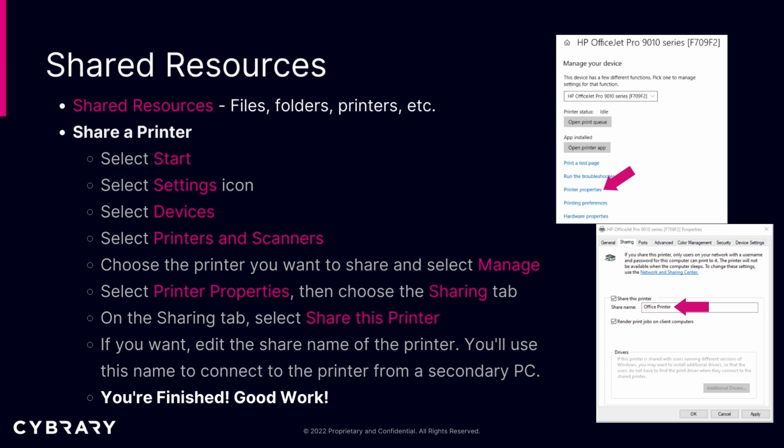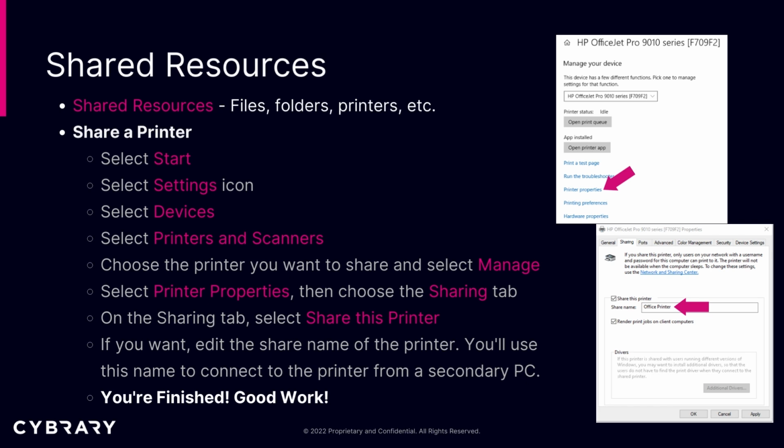So, in order to share a printer on our system, we would first connect the printer to our workstation. Then we would select Start, the Settings icon, select Devices, select Printers and Scanners, choose the printer that you want to share, select Manage, select Printer properties, then choose the Sharing tab. On the Sharing tab, you select Share this printer.